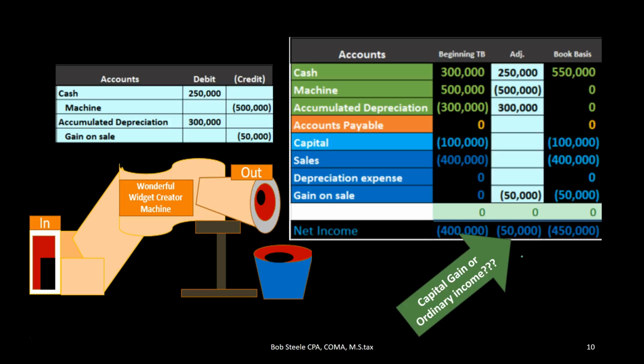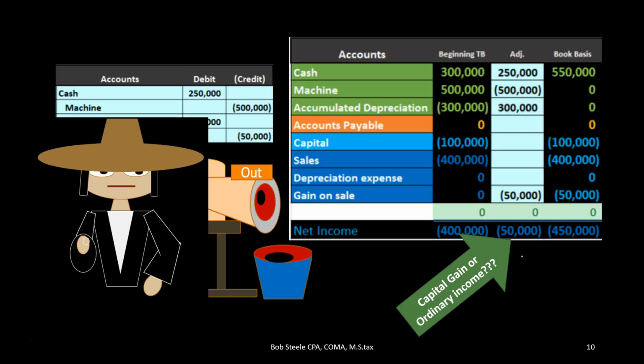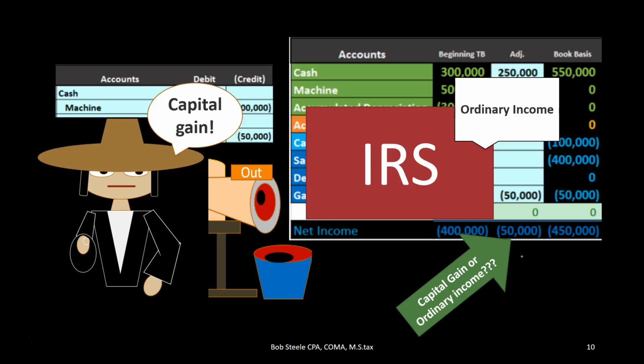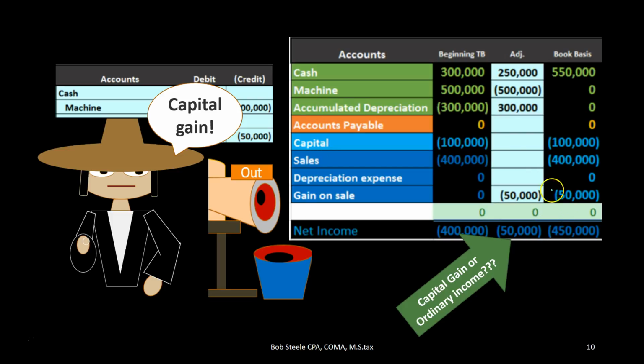Capital gains rates are lower than ordinary income rates. The taxpayer would hope to have capital gains rates. The IRS, who's probably going to win the argument, is going to have the ordinary income rates. The ordinary income rates are usually higher. The reason the IRS wants, or feels justified in having, the ordinary income rates is that we got a benefit of the $300,000 deduction in prior years as we depreciated it, and this $50,000 is really just part of that $300,000 over-deduction we got in prior periods.